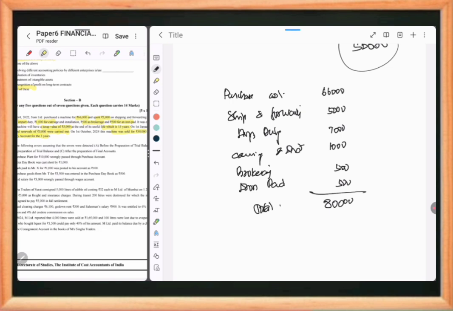Total cost 80,000. So there is a scrap value, a residual value at the end of the life. Residual value is 5,000 rupees. So the depreciable value is 80,000 minus 5,000, that is 75,000 rupees.